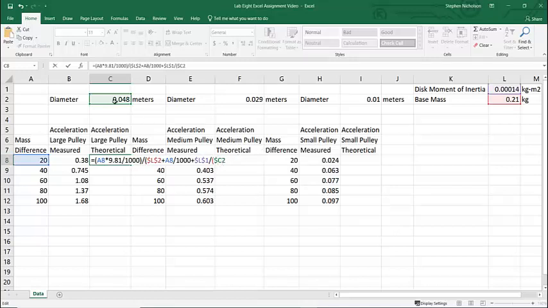That's so that when I copy the equation, it'll use the updated values for the different diameters. Actually, it's the other way around: C dollar sign 2. It's always going to be the second row, but it's going to go C, F, I, depending upon where we are. That just makes it so we can copy this equation everywhere.